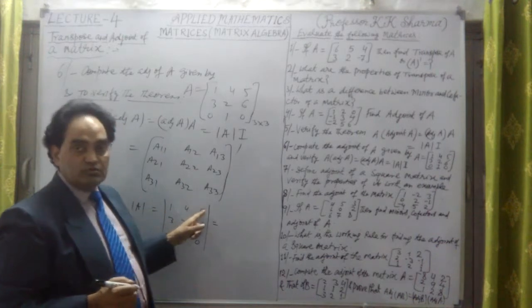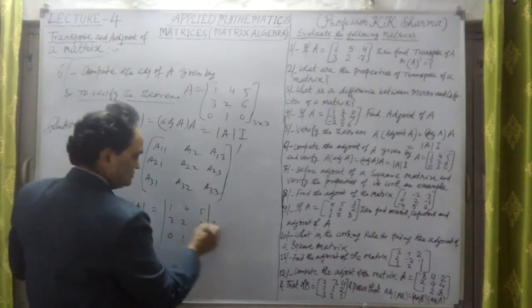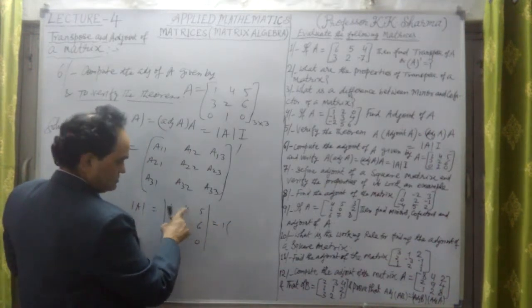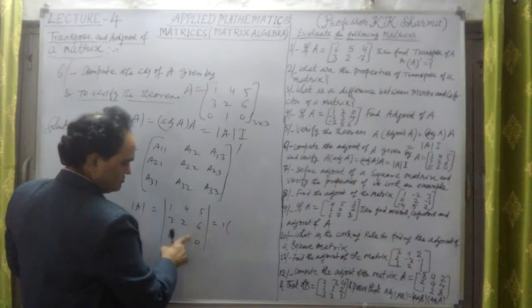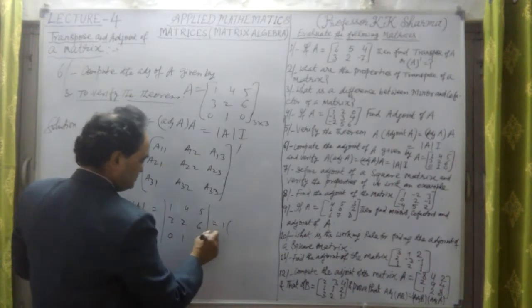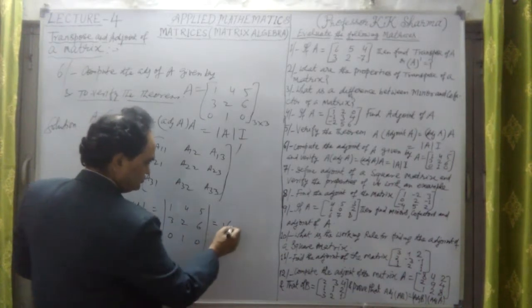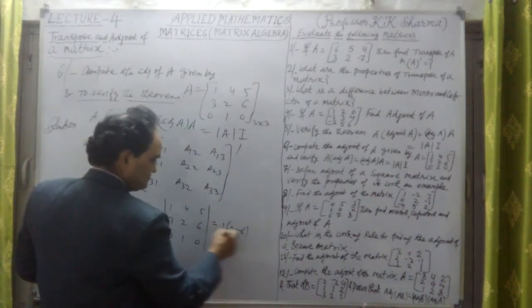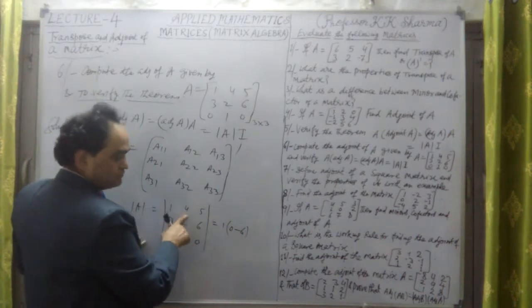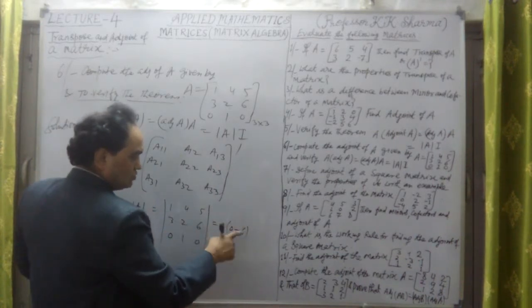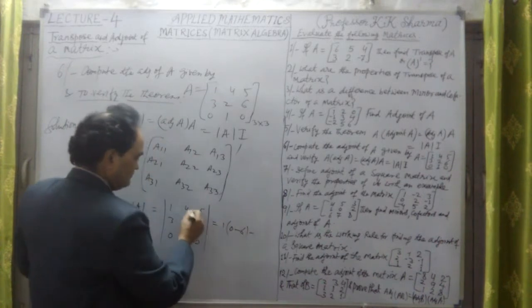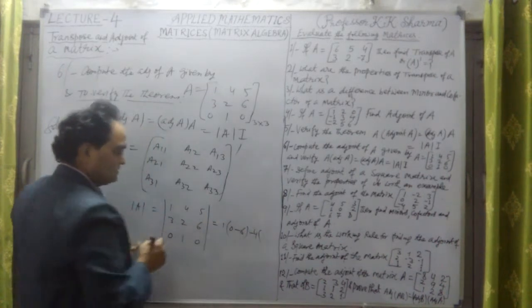Opening with row number 1, this is 1 into this value; leave this row and column, and whatever is left over, the determinant value is to be here. 2 into 0 is 0, minus sign in between, 6 into 1 is 6. Now in between, because of minus 1 raised to i plus j, this is 1 plus 2, so this is a negative value, minus sign, 4 into the value of the determinant.